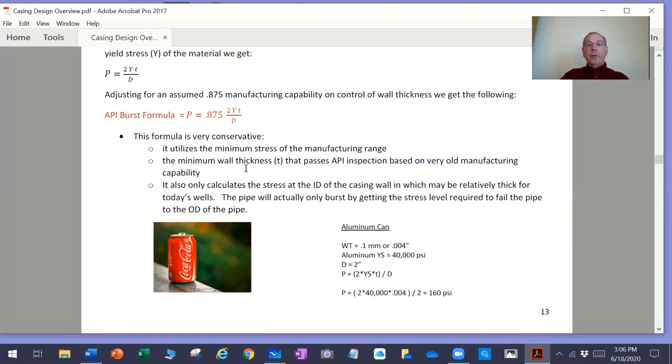It's also based on the minimum wall thickness that passes API inspection, which is based on very old manufacturing capability. It only calculates the stress at the ID of the casing wall, which may be relatively thick for today's wells. So the pipe will actually only burst by getting the stress level required to fail the pipe to the OD of the pipe.